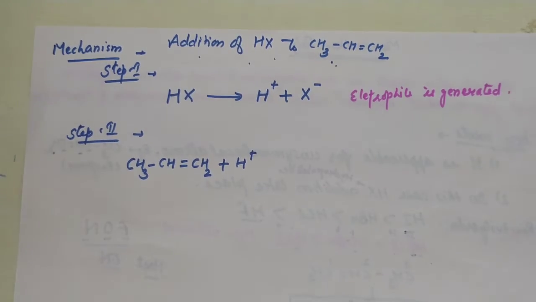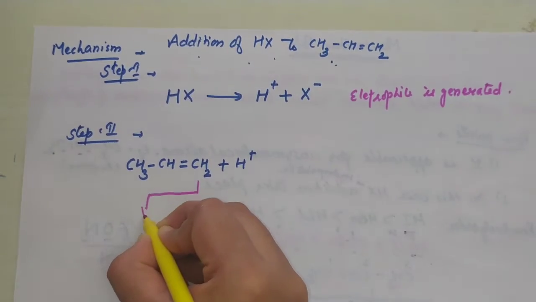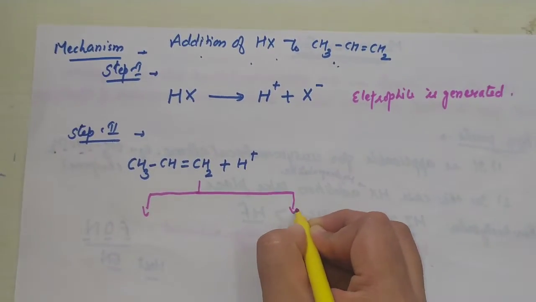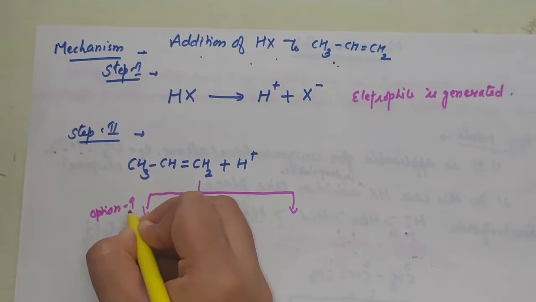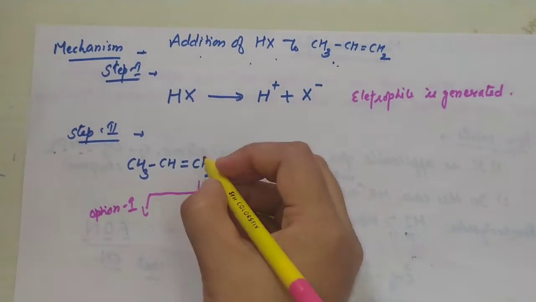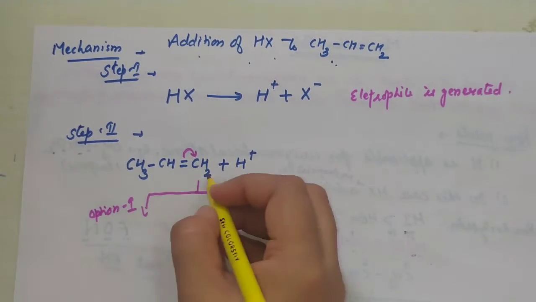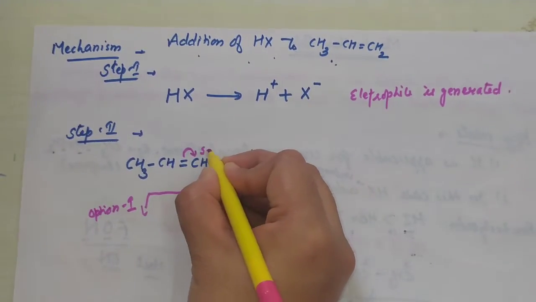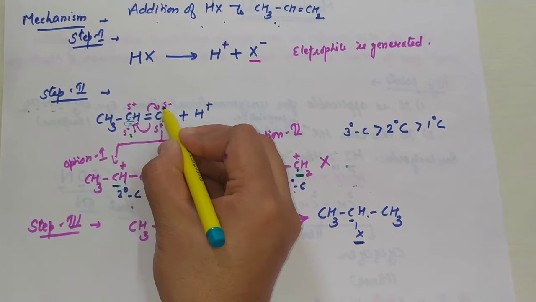There are two options, option 1 and option 2. Addition takes place by two options. Firstly, I am discussing option 1. Option 1 is that this bond shifts over there, and then that carbon will get a negative charge.